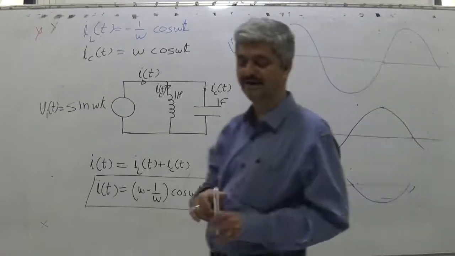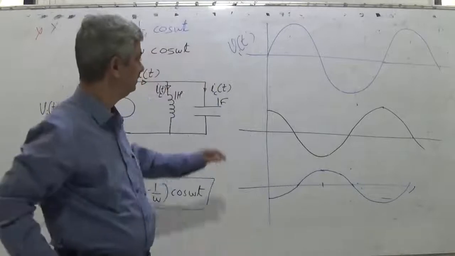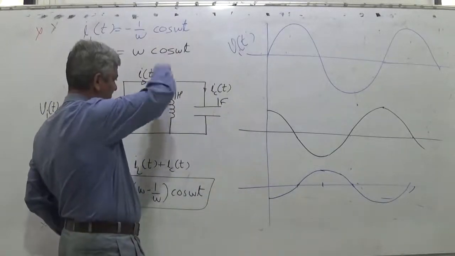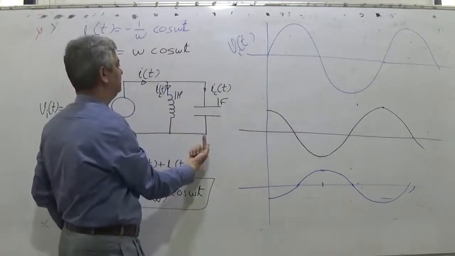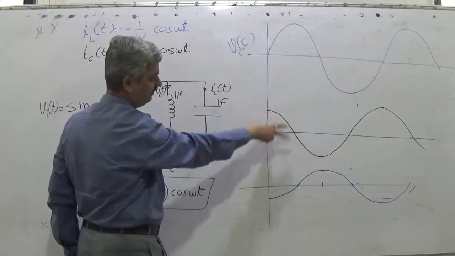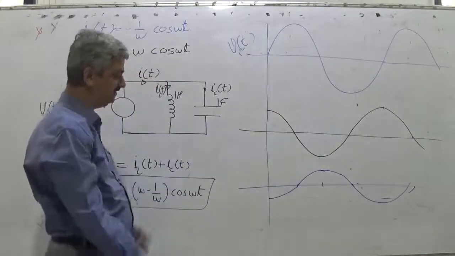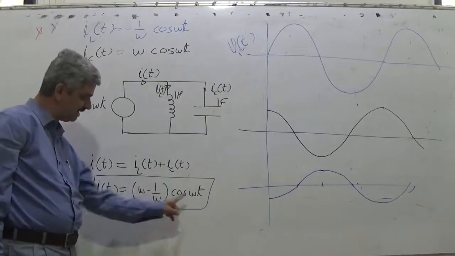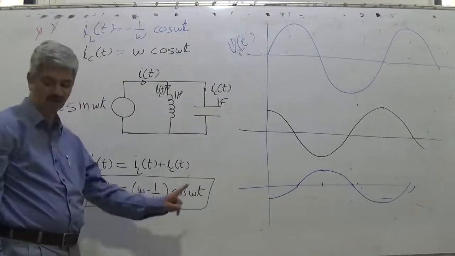So what we find is that when current is in this direction in the inductor, it is in this direction in the capacitor. They are exactly 180 degrees out of phase with each other, and net current would be the addition of these two: omega cos omega t minus 1 upon omega cos omega t.